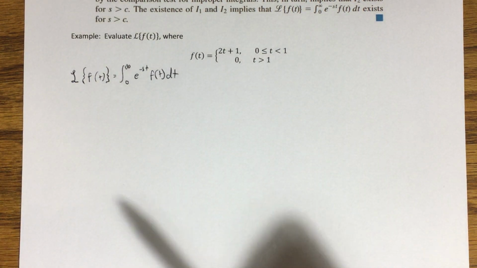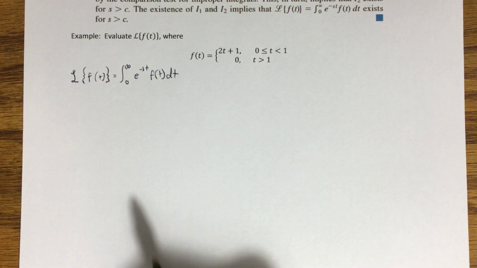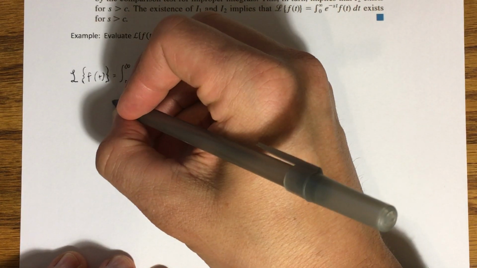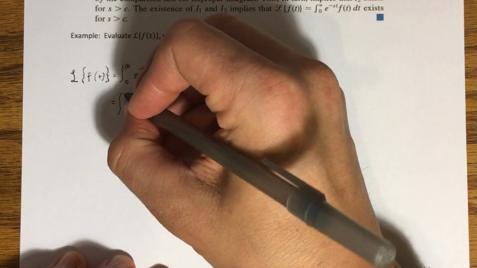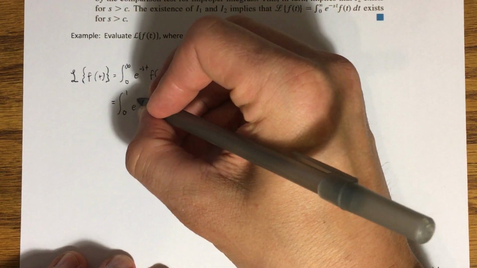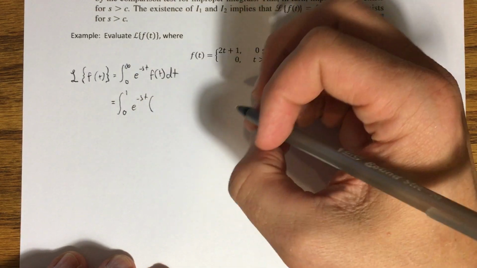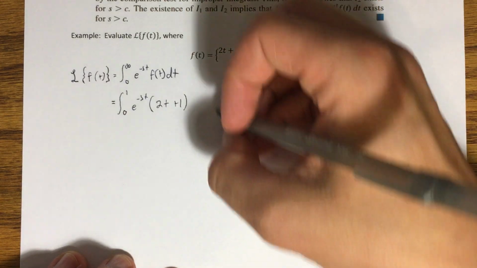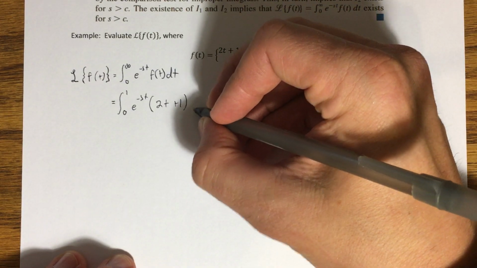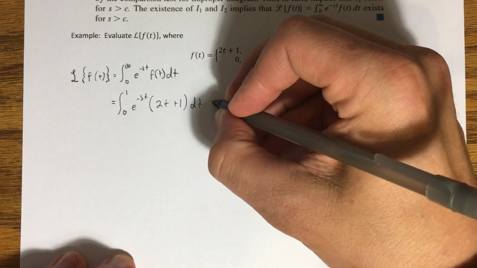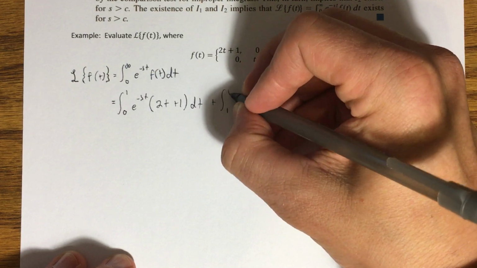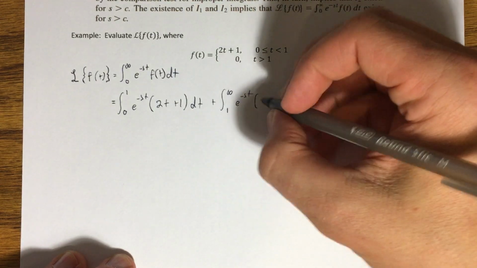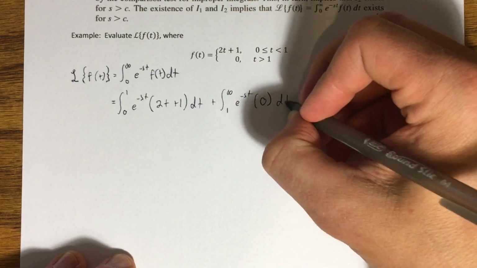Well, this is going to look like the sum of two integrals where our limits of integration are determined by these restrictions right here. So this is going to be the same thing as the integral from 0 to 1 of e to the negative st times 2t plus 1 dt plus the integral from 1 to infinity of e to the negative st times 0, this guy, dt.